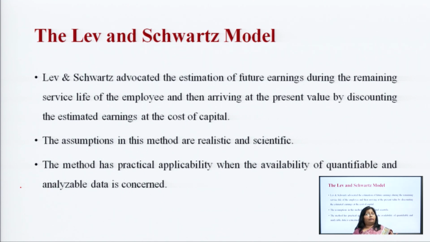But what the Lev and Schwartz pair did not anticipate was, number one, that they considered that the person would only leave the organization at the time of superannuation or due to death. But there are many reasons for a person leaving the organization.